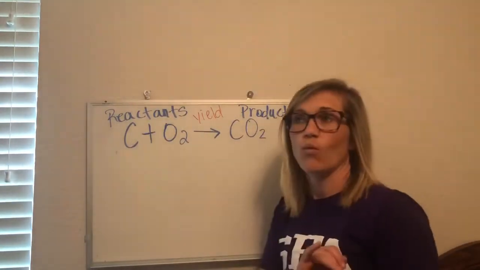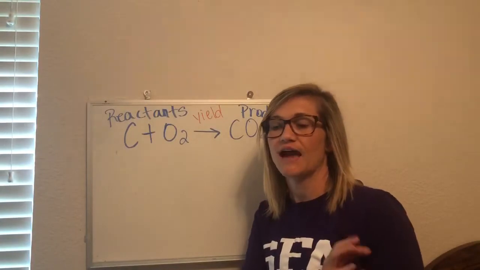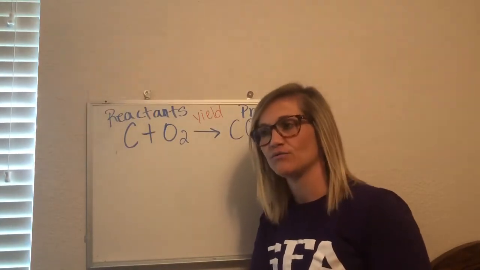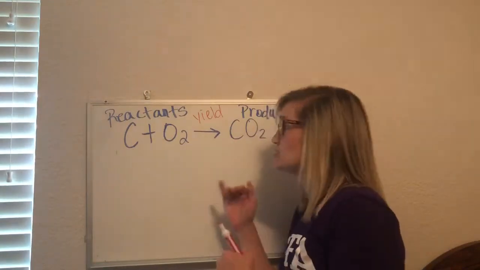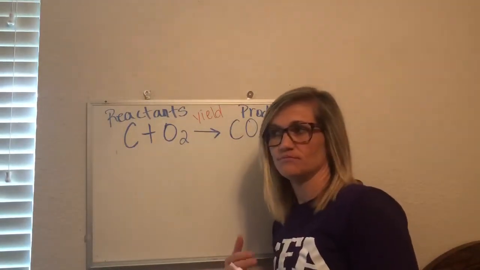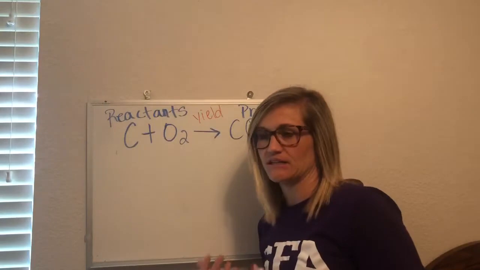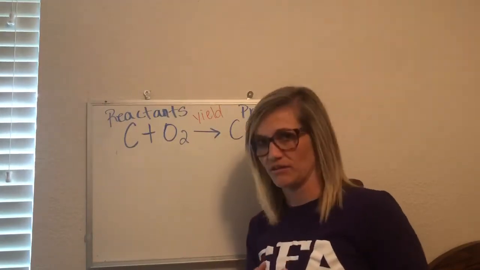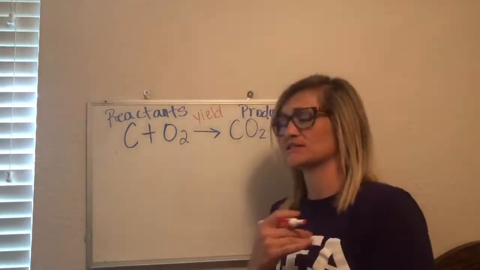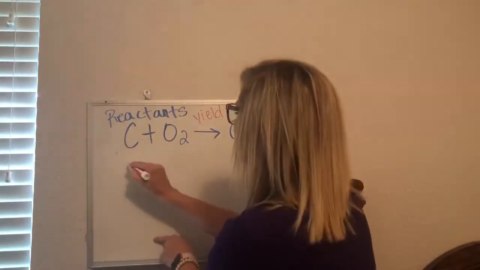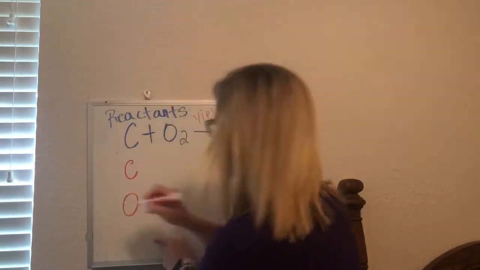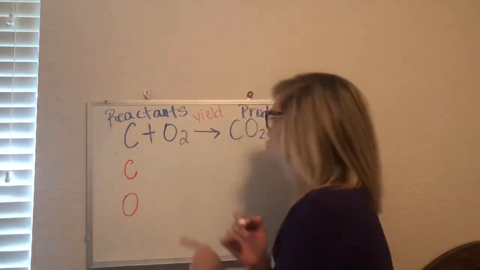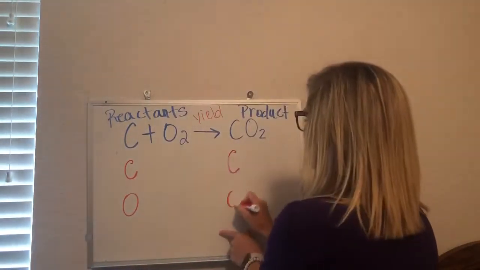So moving on, when we calculate the atoms per element in chemical formulas, it's the exact same thing. It just looks different, okay? So don't get yourself worked up about it. Equations are simple. They're like formulas. First thing, just like we did, you list your elements individually from both sides.